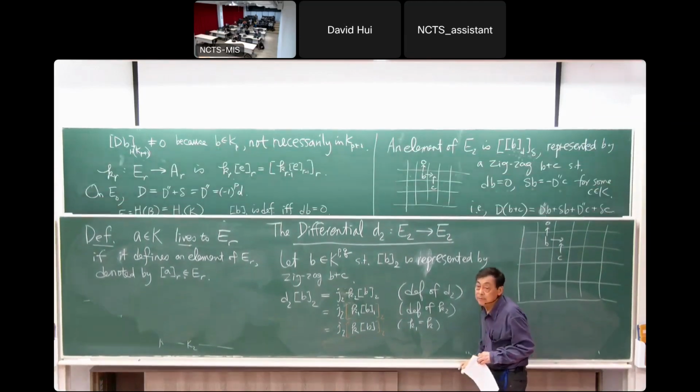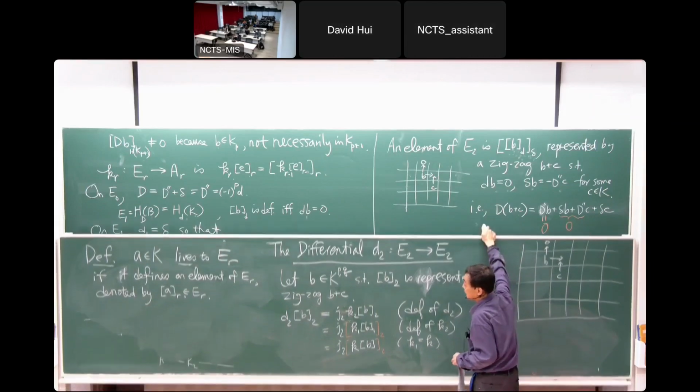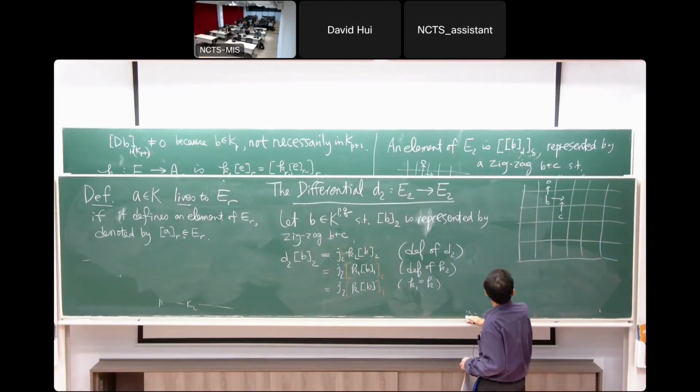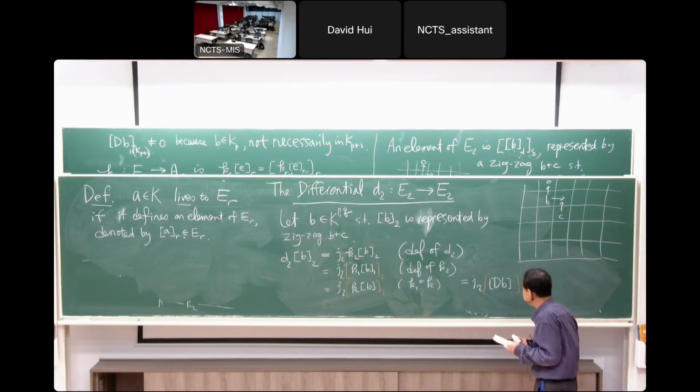K is given by big D. It's erased, so K is given by big D. Before we do that, let's see.